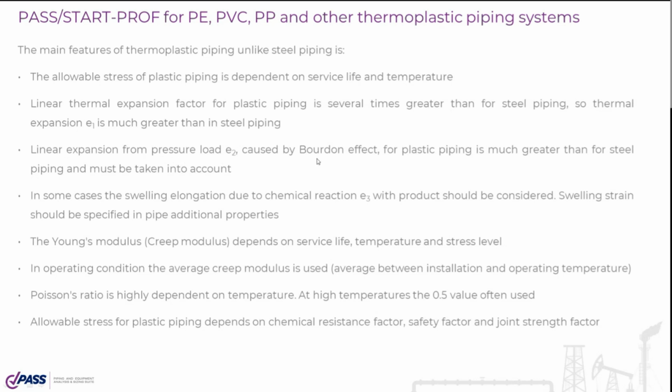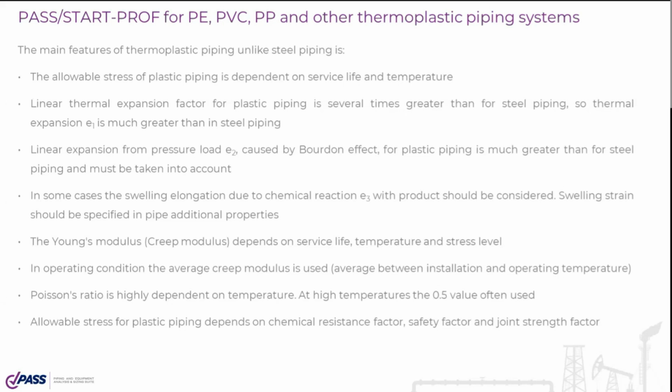So we always should include the Bourdon effect. In some software the Bourdon effect is switched off by default, but we should take it into account because its influence is significant. So in StarProf we always take into account the Bourdon effect, even for steel piping and of course for thermoplastic piping systems.